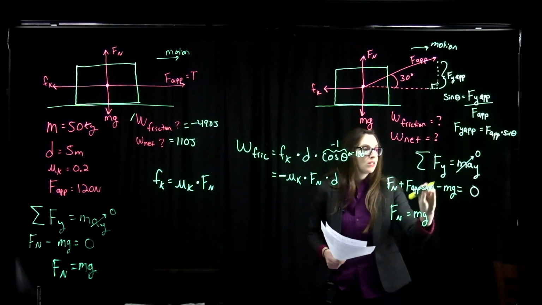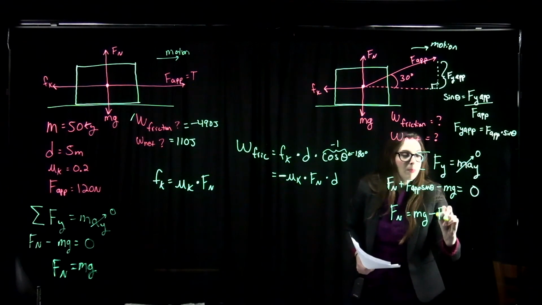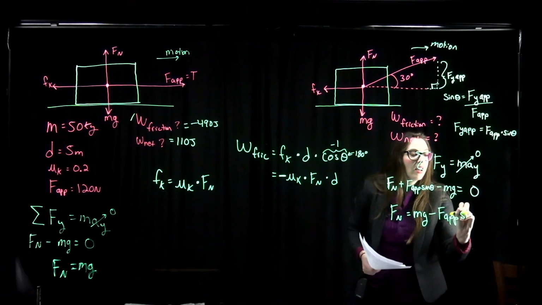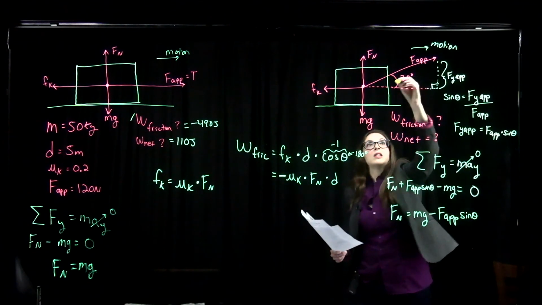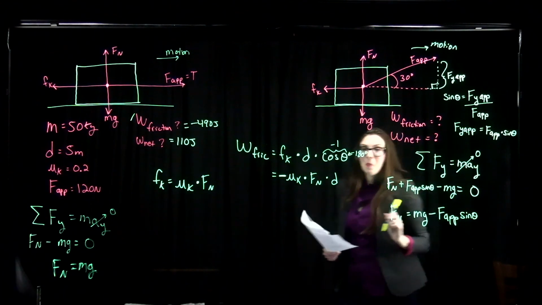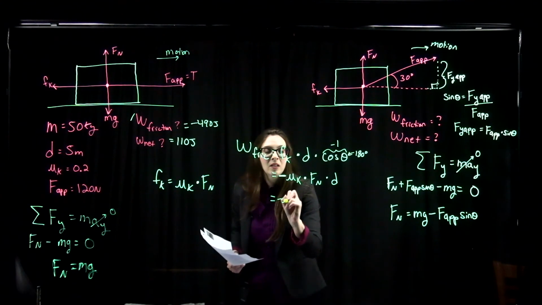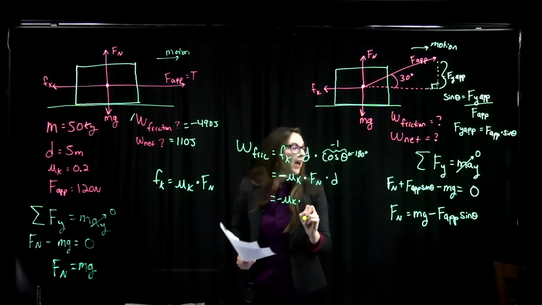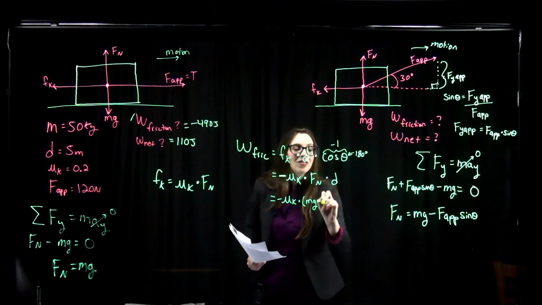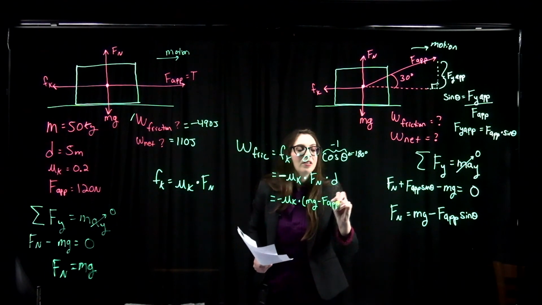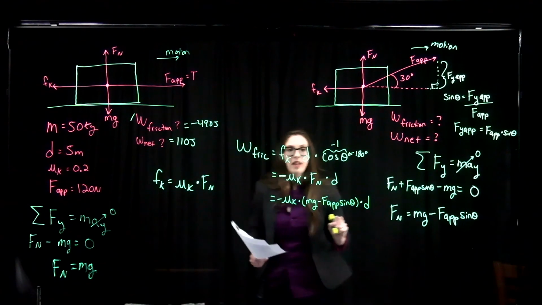I'm going to move this quantity to the other side of my equal sign, minus the applied force sine theta. This theta here is my angle, 30 degrees. So then this is equal to minus the coefficient of kinetic friction times mass times gravity minus our applied force sine theta, times the distance that we pull.